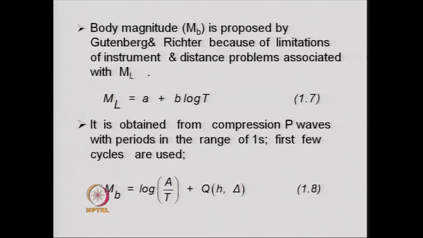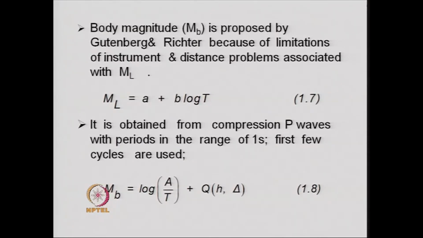Equation 1.7 shows the relationship between the local magnitude of earthquake and the coda length, that is T, and it has two constants A and B. They are obtained from the study of the local region.